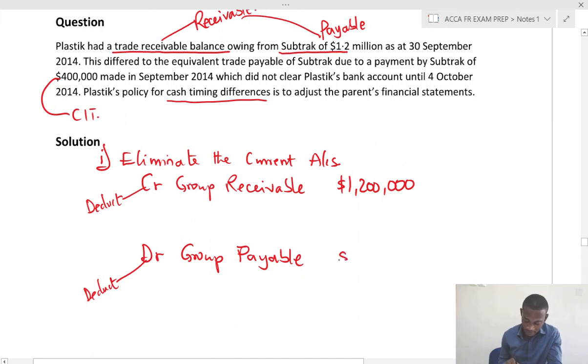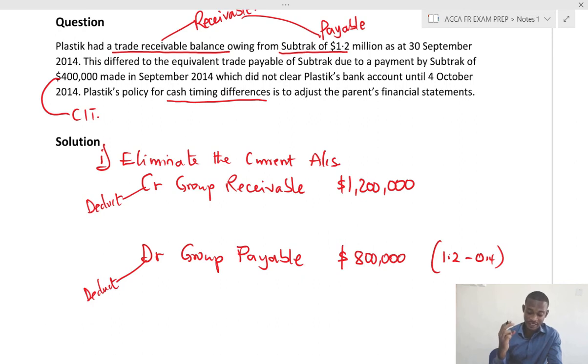So again, but the payable is not 1,200. The payable is the difference between 1.2 and the 0.4, which is the 400,000. So 1.2 minus 0.4, that should be 800. So in the payable account for the group, we will have to debit.